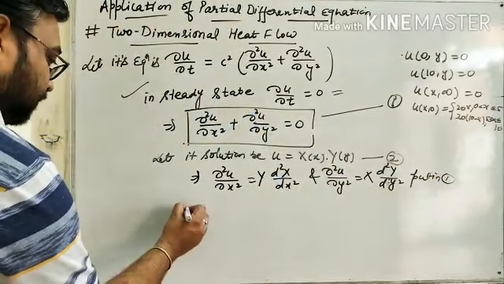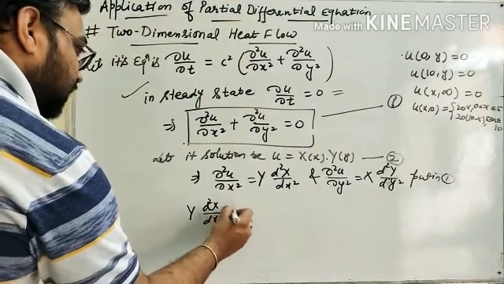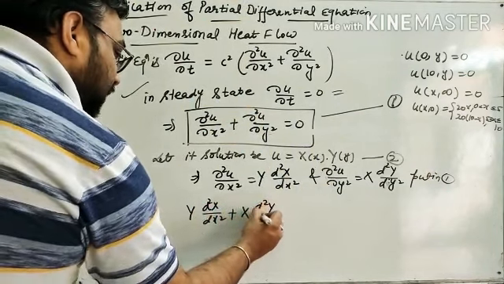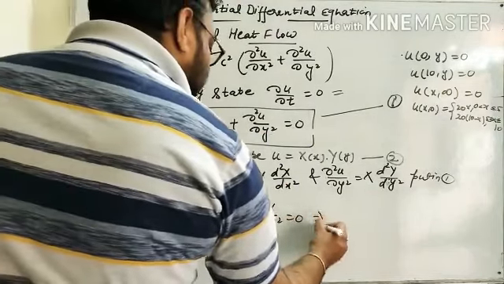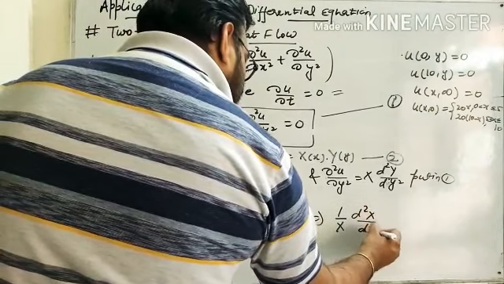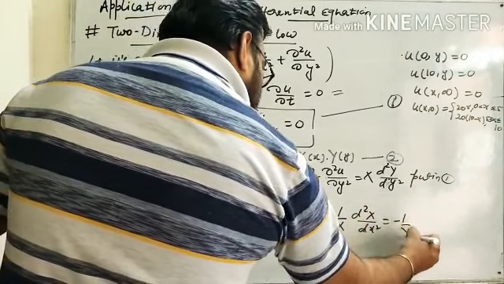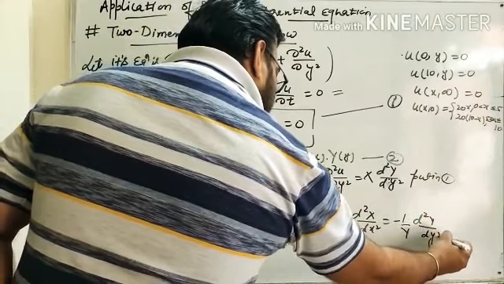That is, Y d²X/dx² + X d²Y/dy² = 0. Now on separating the variables, (1/X) d²X/dx² = −(1/Y) d²Y/dy².